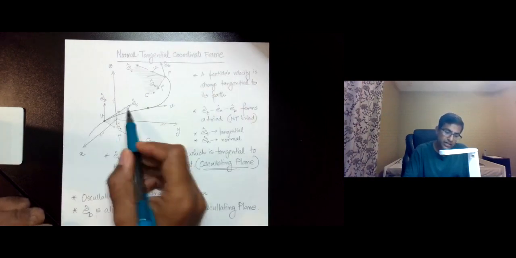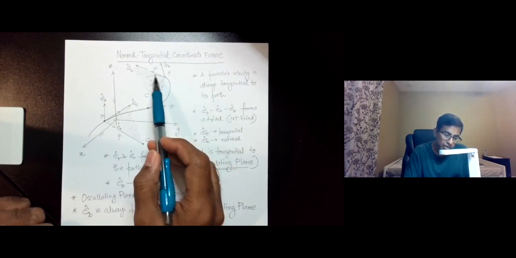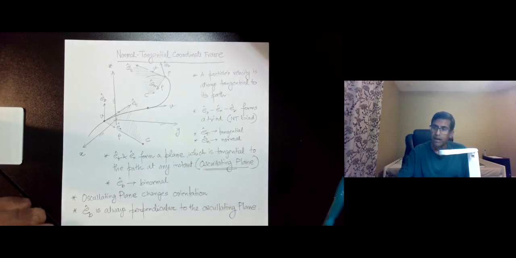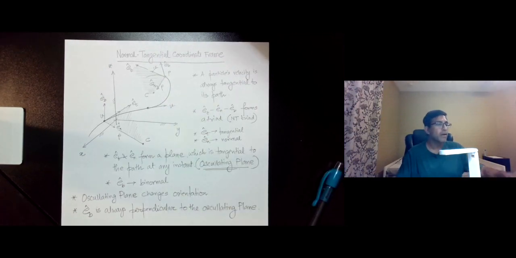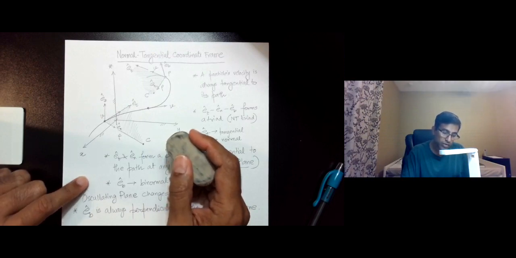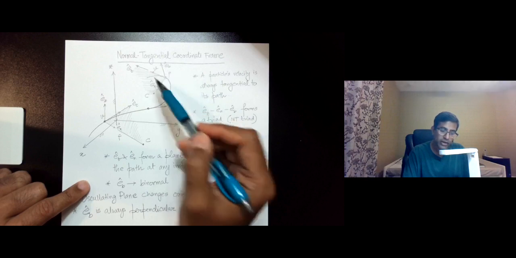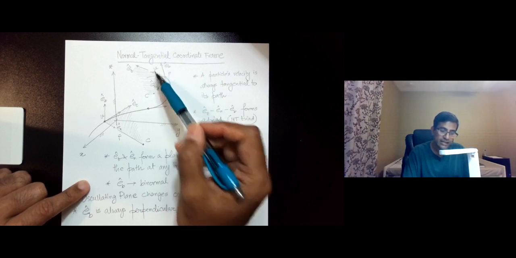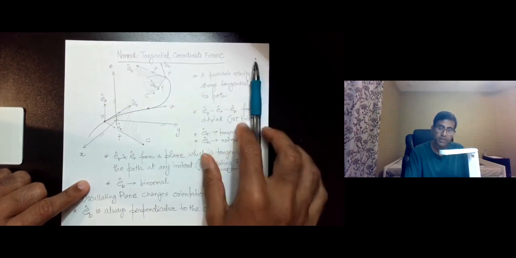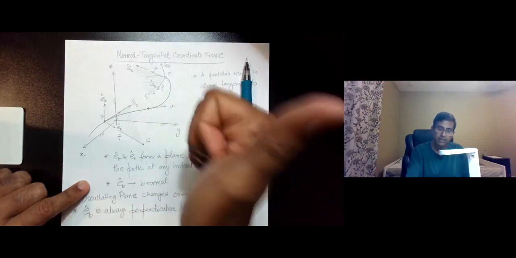So this triad ET, EN, and EB. I should make one correction, and perhaps some of you viewing this video may have noticed. The way this coordinate system is defined is that ET cross EN gives me EB, which means that if I curl my fingers from ET to EN, that gives me the direction of EB.